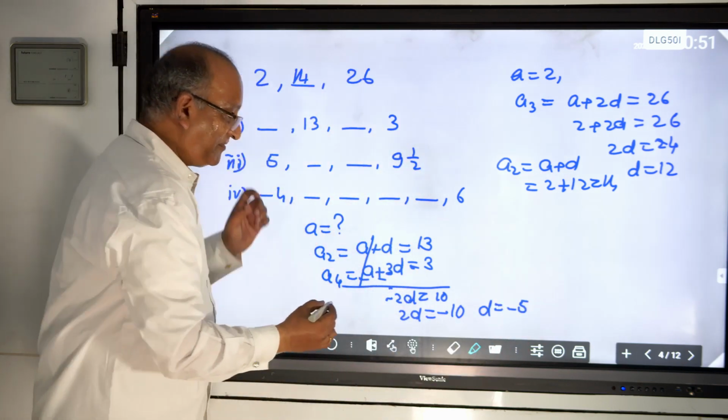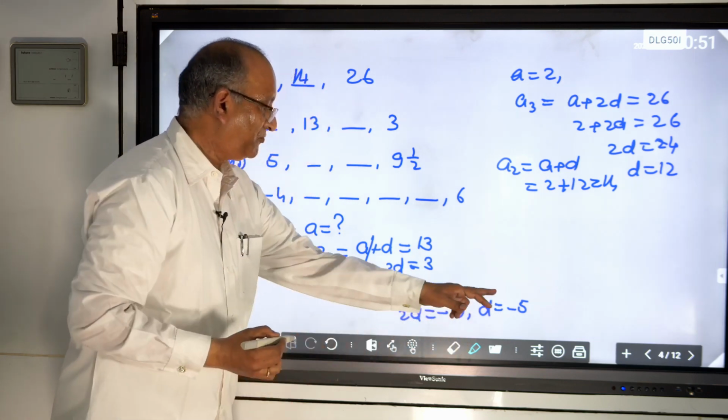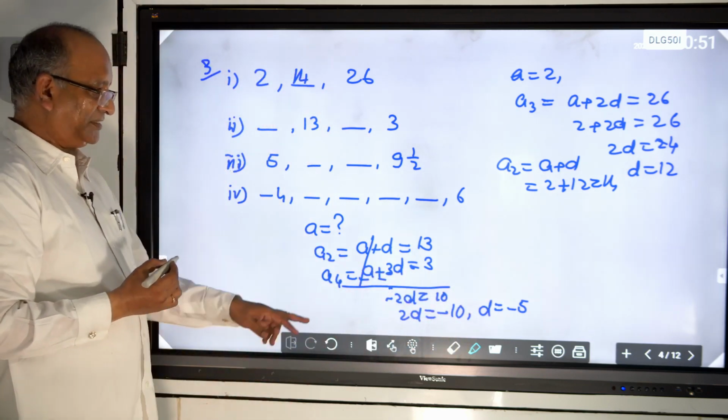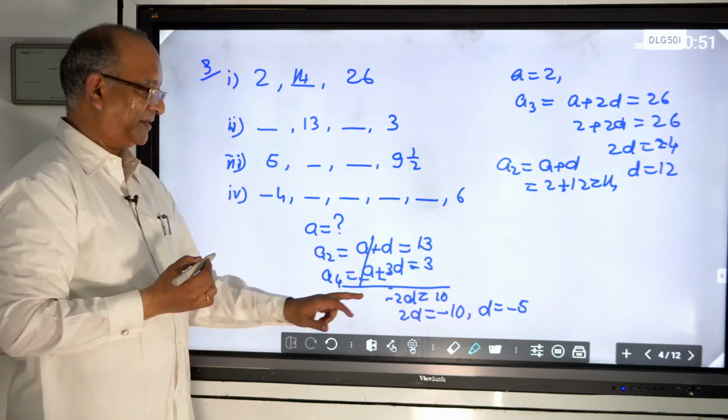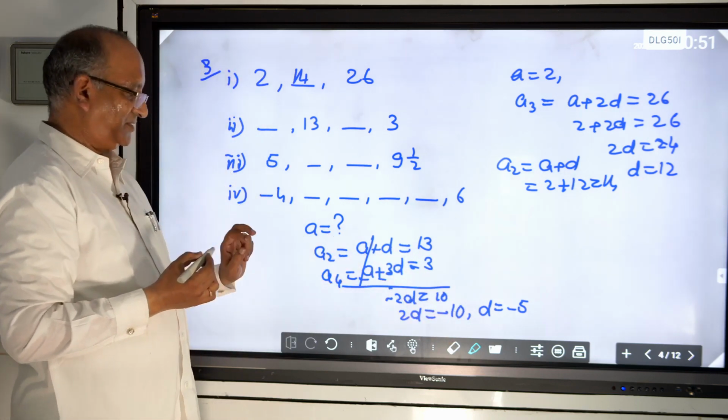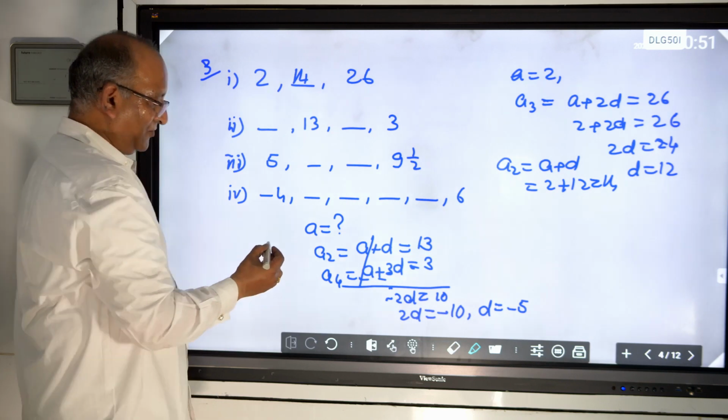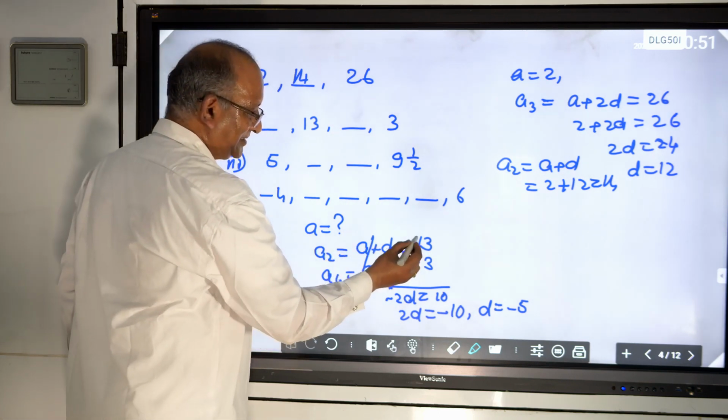Now, as we were mentioning, now we know what d is. So how much is d? Minus 5. Substitute the value of d in one of the equations and you will get the answer. For example, the second one, a plus d is 13.